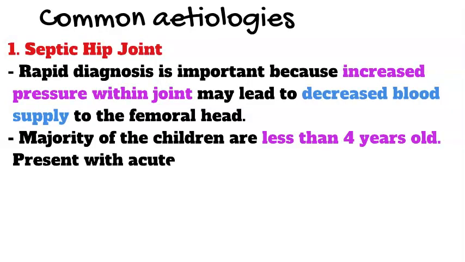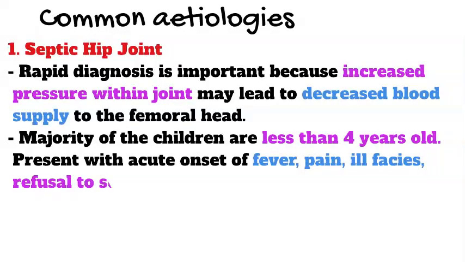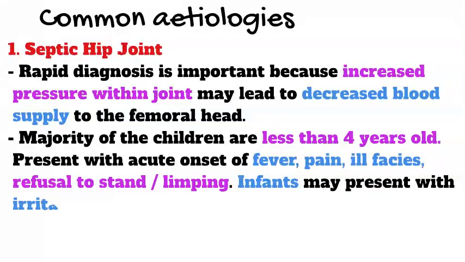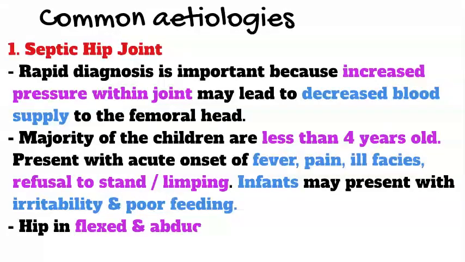They present with acute onset of fever, pain, refusal to stand or limping. Infants may present with irritability and poor feeding. The hip is usually in a flexed and abducted position because this will reduce the pain.